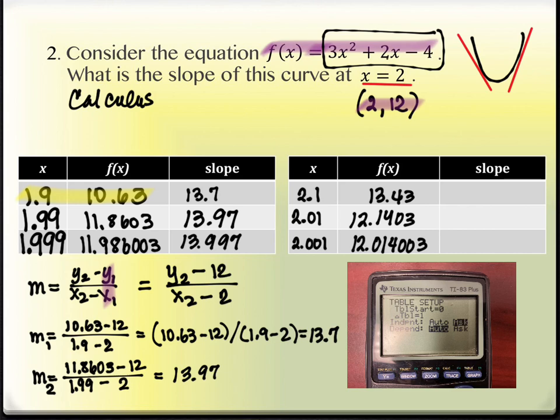So our first one has 13.43 and 2.1 for our denominator. What do you get? 14.3.